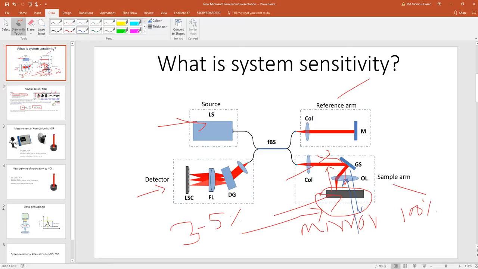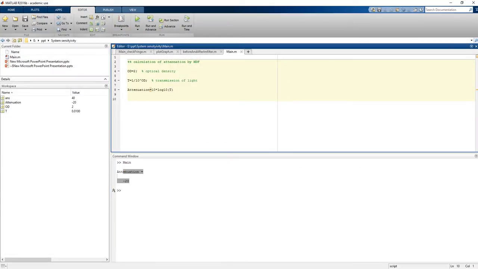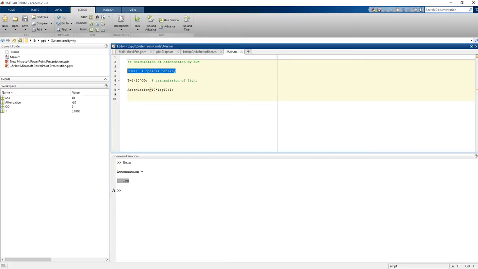That means light is attenuated twice if you use the neutral density filter in the sample arm. So whatever attenuation we find using this equation, we have to multiply by 2. So if you use the optical density 2 filter, it can attenuate a maximum of minus 40 dB in our case. We have to take care of that.